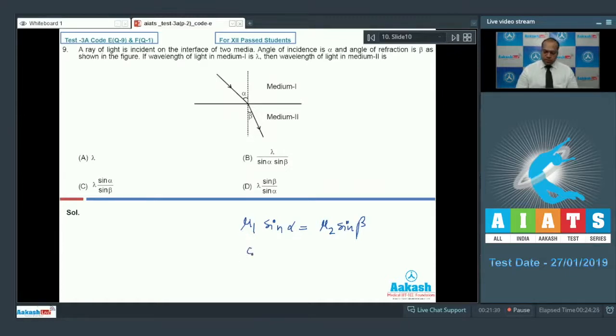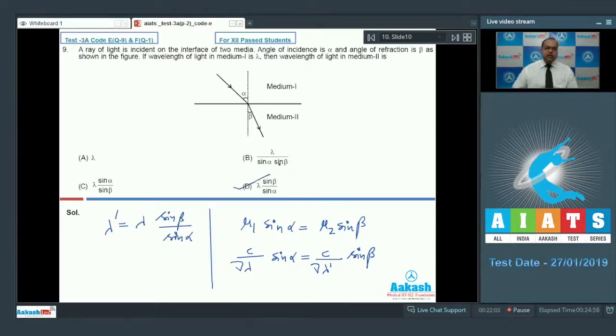So it can be written as C divided by the speed of light in the medium, which is frequency nu into wavelength lambda, into sine alpha, equal to C divided by nu, frequency remains the same, into lambda dash into sine beta. From here, the value of lambda dash comes out to be lambda times sine beta divided by sine alpha. So option D is the correct answer.